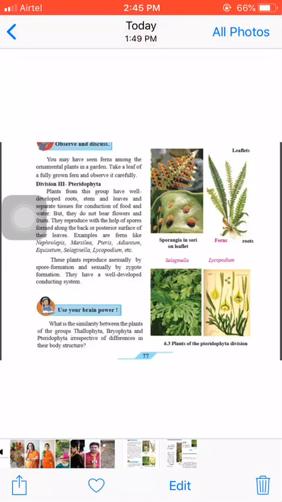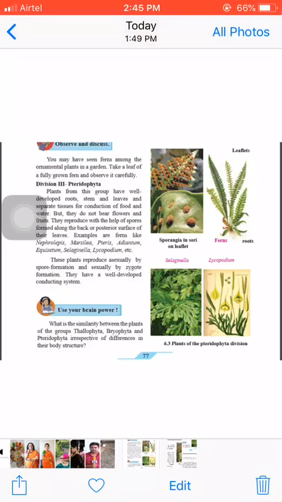Plants from this group have well developed roots, stem, and leaves, and these are true roots, true stem, and true leaves, because conducting tissue is present.